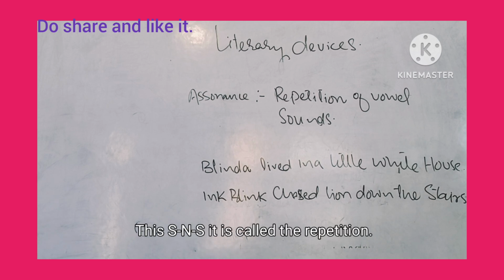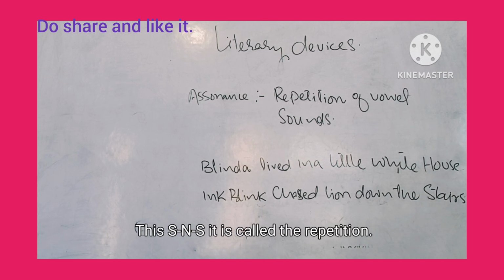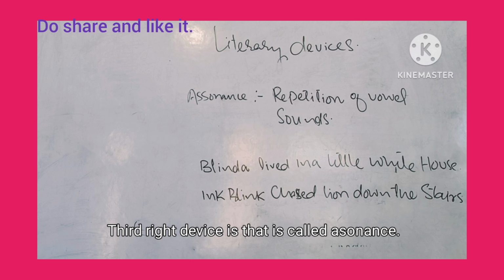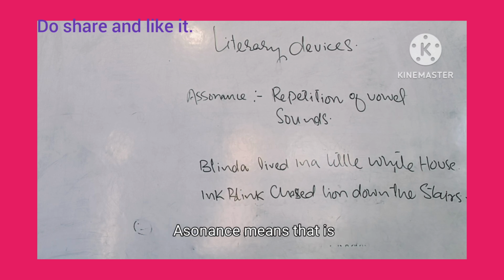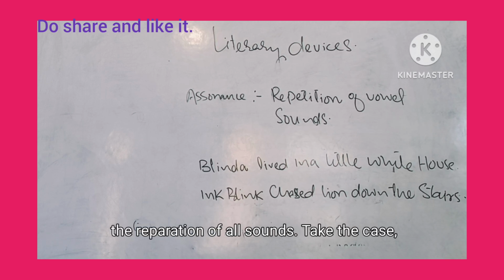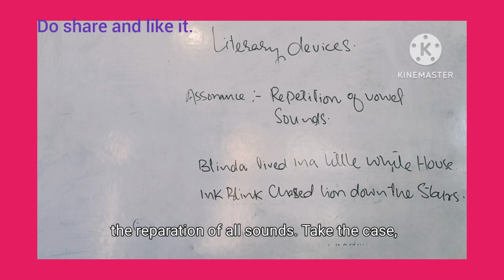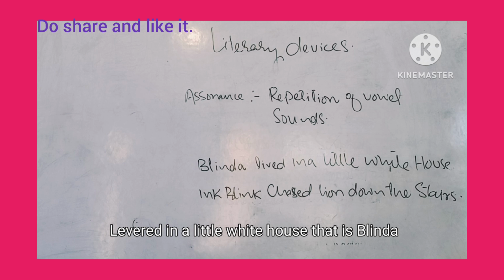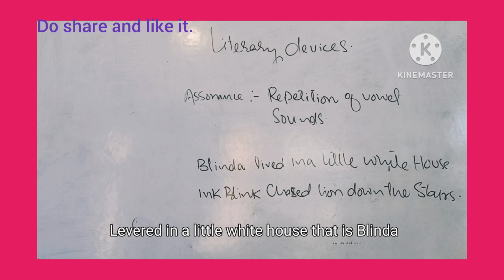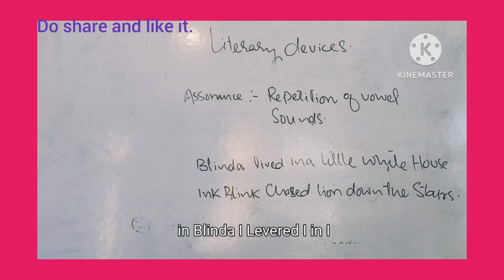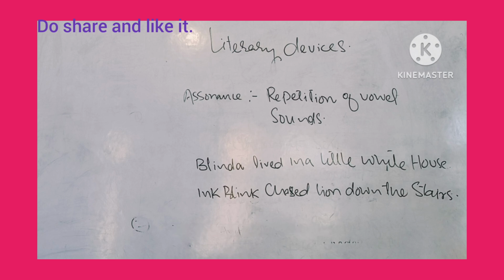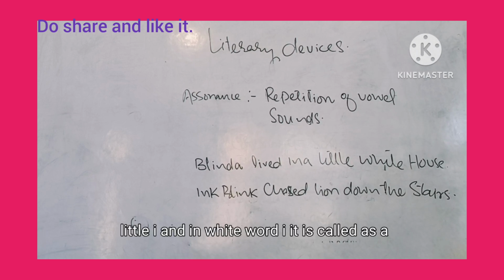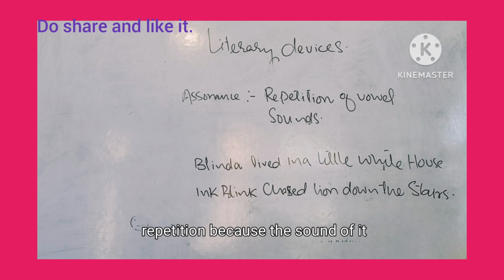Third poetic device is called assonance. Assonance means repetition of vowel sounds. Take the example: Belinda lived in a little white house. In Belinda, the I sound; lived, I; in, I; little, I; and in white, I. It is called assonance because the sound of I has been repeatedly used in the verse.